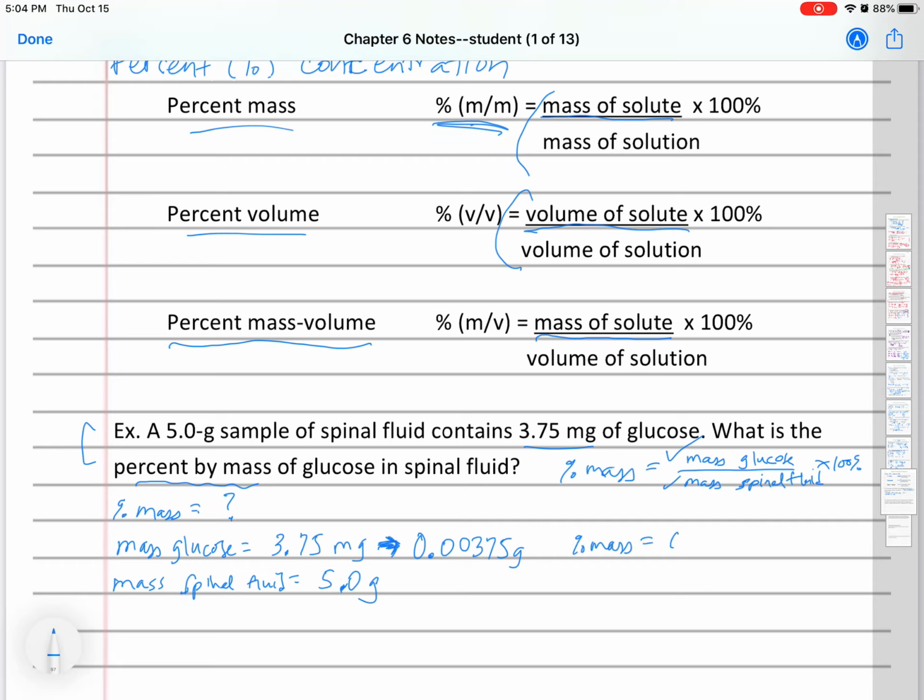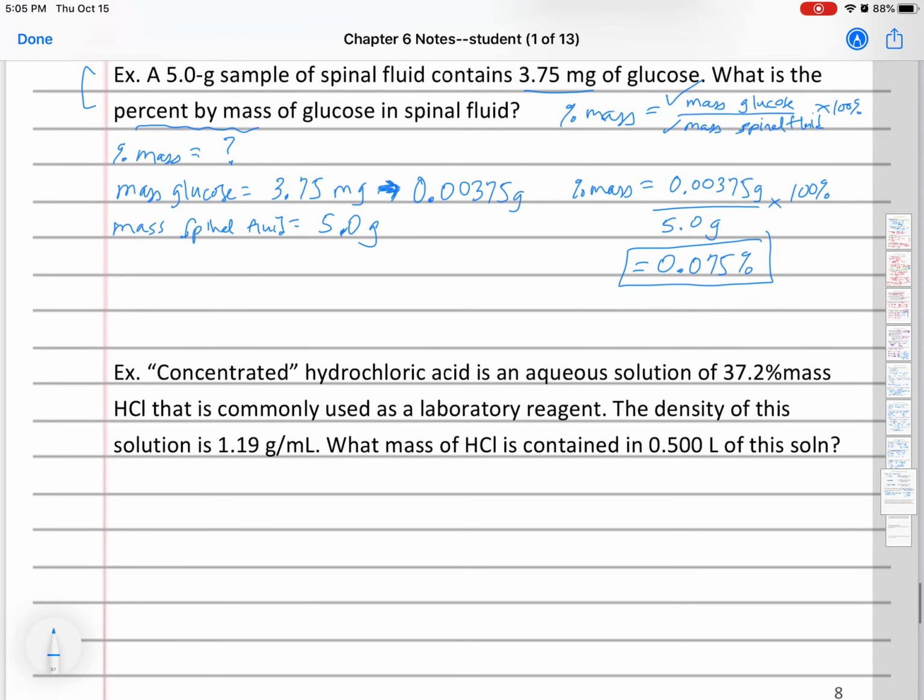The percent mass is going to be 0.00375 grams divided by 5.0 grams times 100%. And this turns out to be a very small percentage of 0.075%. So if this is true of spinal fluid, then it is 0.075% glucose.